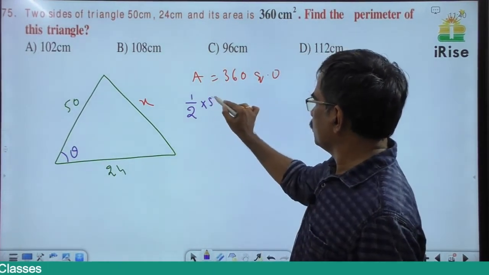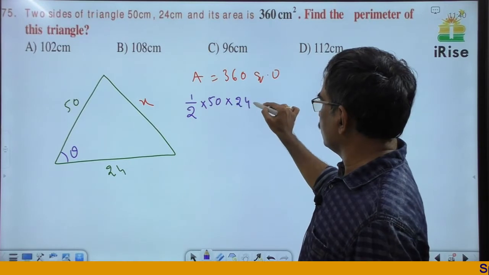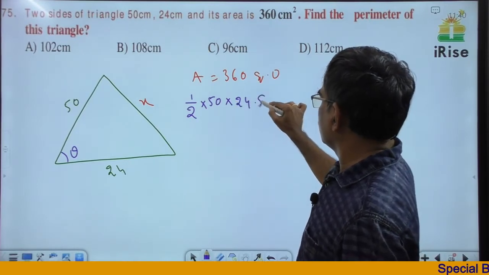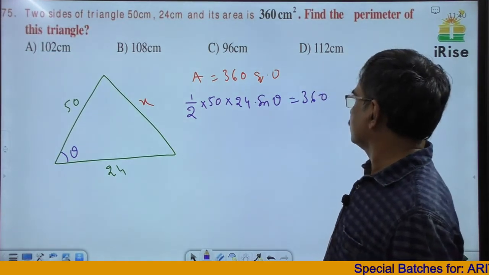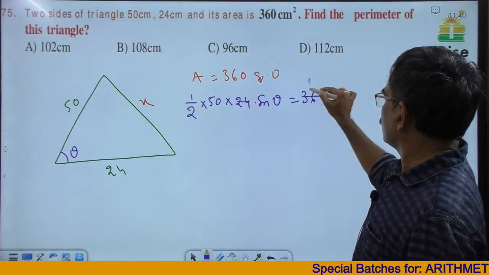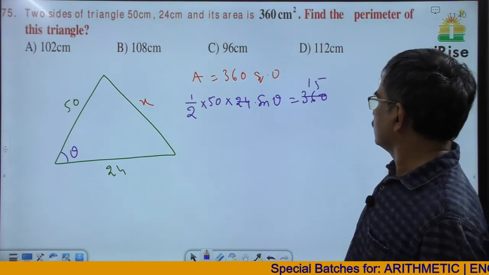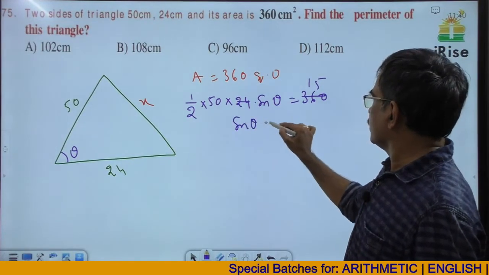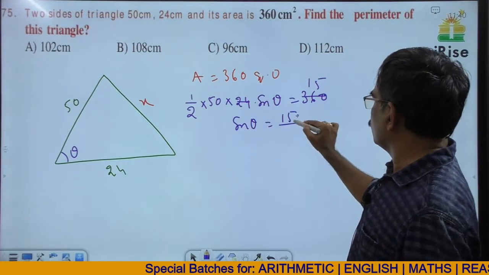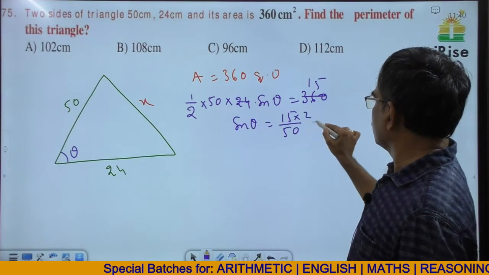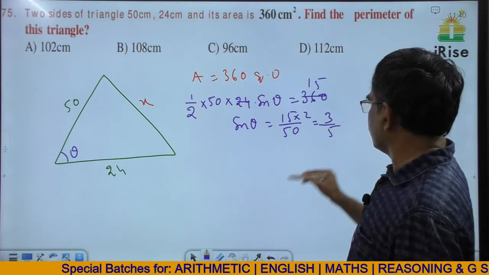Half into 50 into 24 into sin theta is equal to 360. 24 and 15 cancel. So sin theta is equal to 15 into 2 by 50, which is 30 by 50, that is 3 by 5.